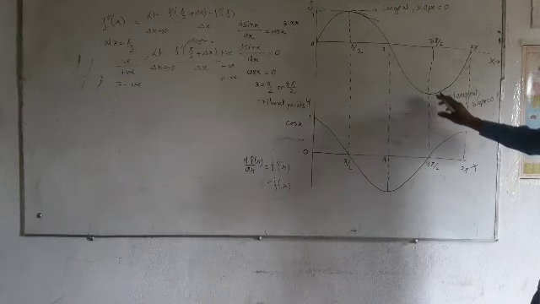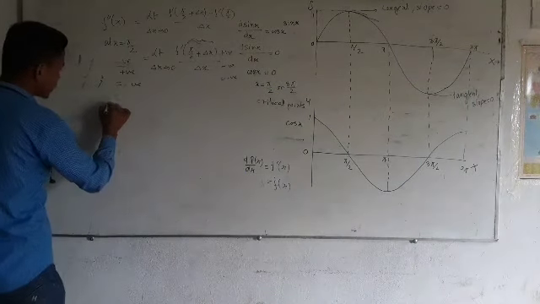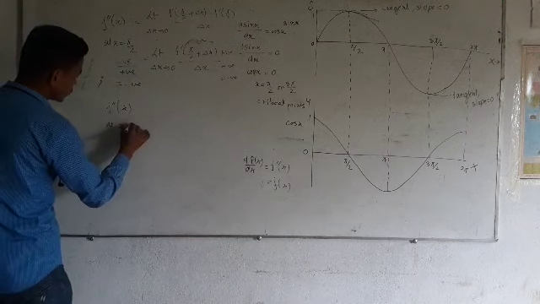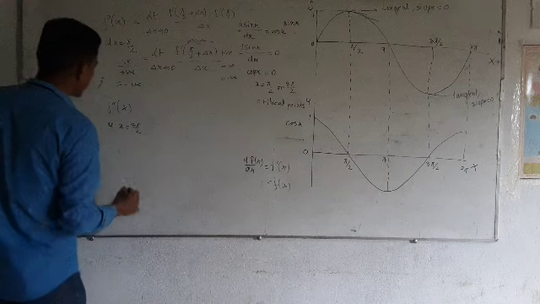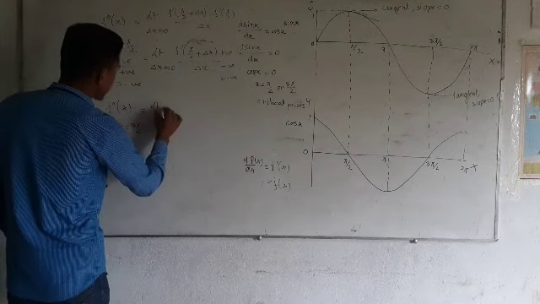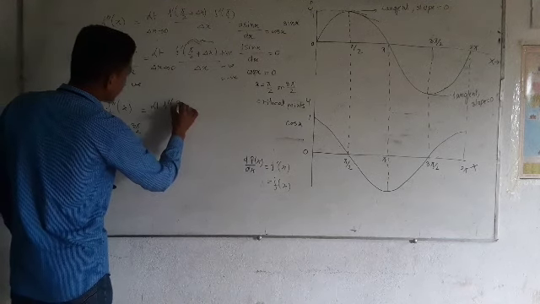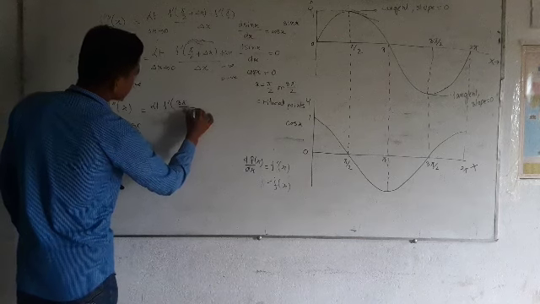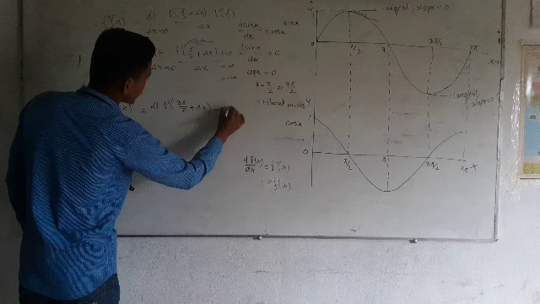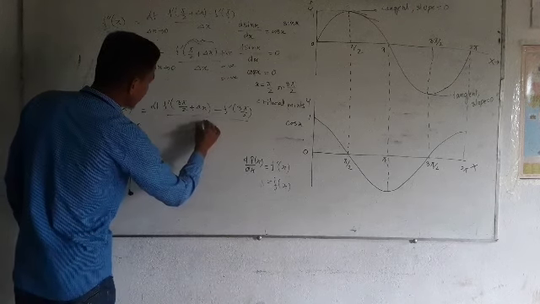If I take the second order derivative around the point 3 pi by 2, the second order derivative at x equal to 3 pi by 2 is equal to the limit of f prime of 3 pi by 2 plus delta x minus f prime of 3 pi by 2, divided by delta x.